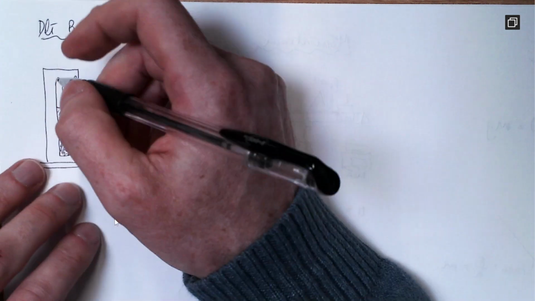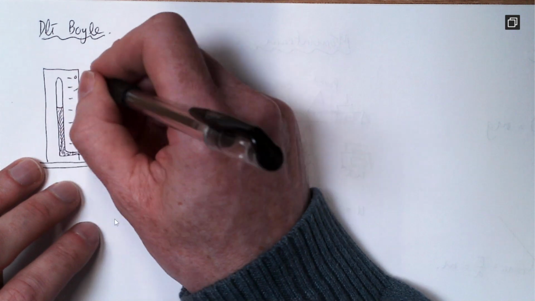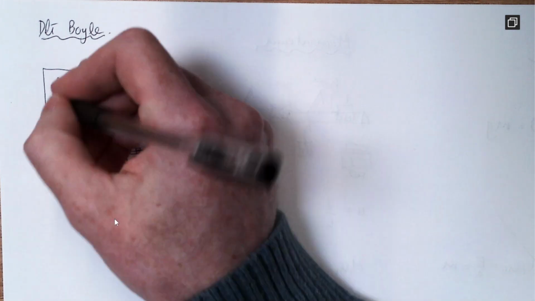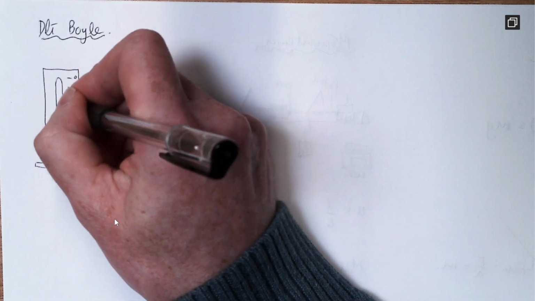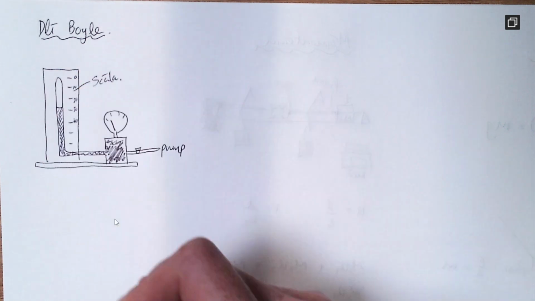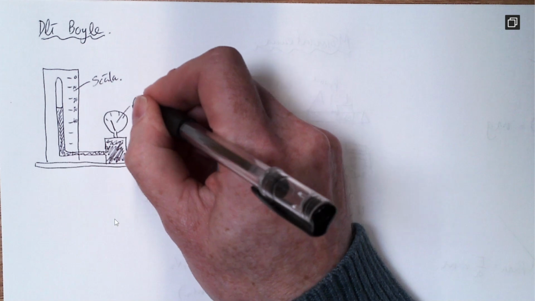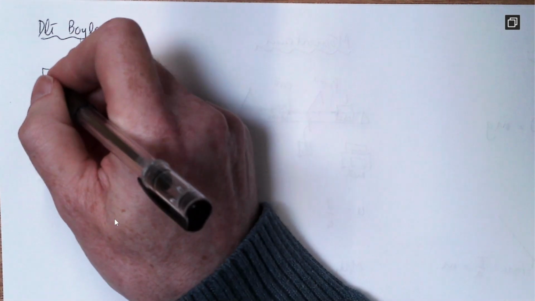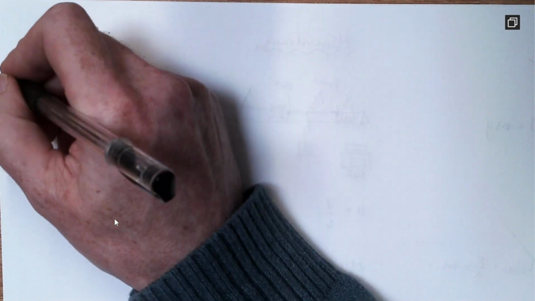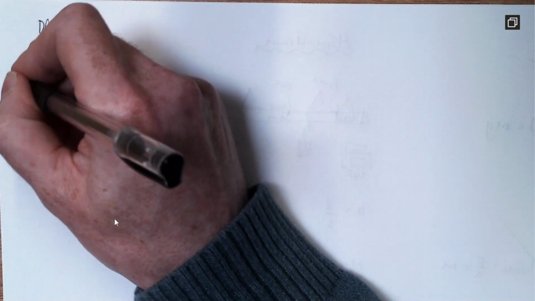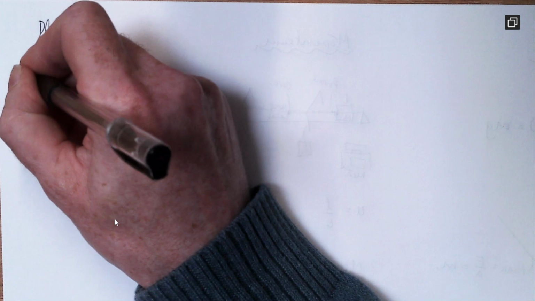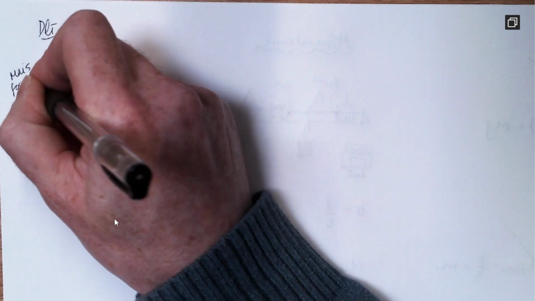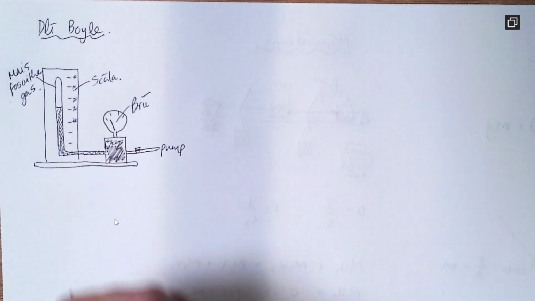Reading the scale, starting at zero, you get the volume of a fixed mass of gas. So a fixed mass of gas.